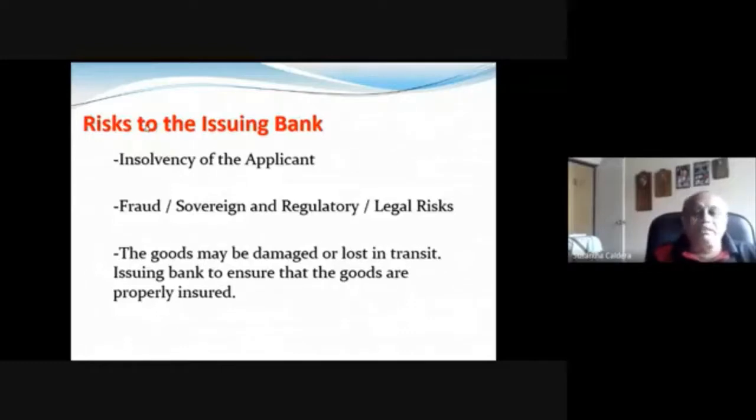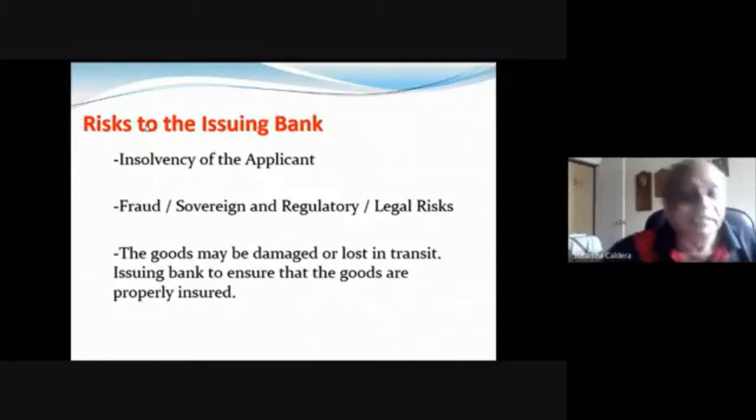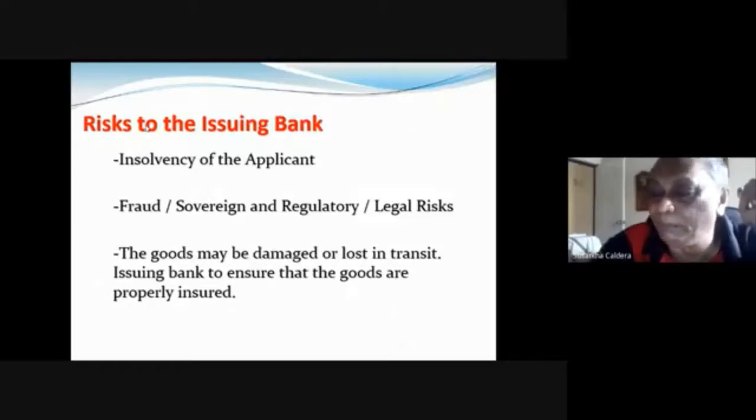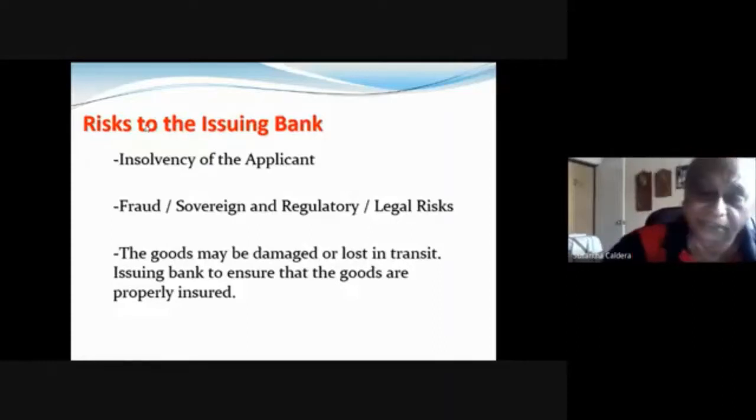Then fraud, sovereign and regulatory legal risk also affect the issuing bank. The goods may be damaged or lost in transit. The issuing bank must ensure the goods are properly insured. Normally with an LC, we have to assign the insurance to the issuing bank. The issuing bank is the ultimate paying bank, so they want the insurance to be assigned to them. Right? Okay.